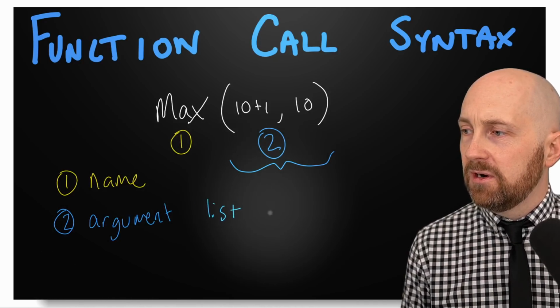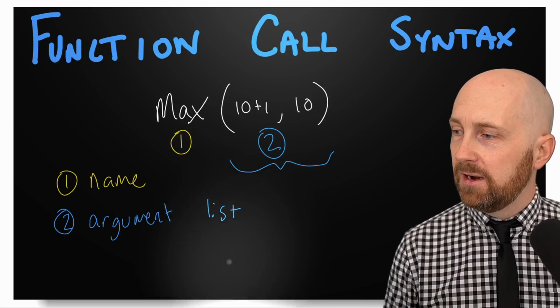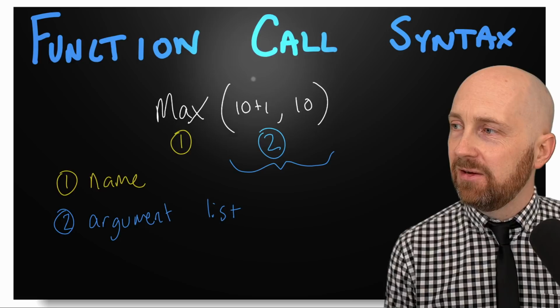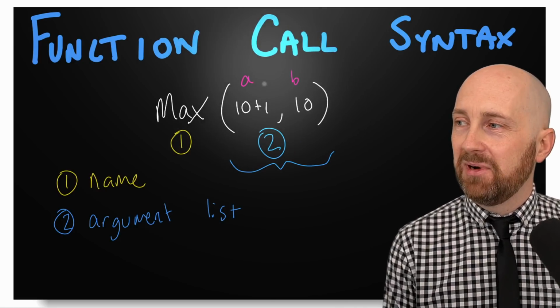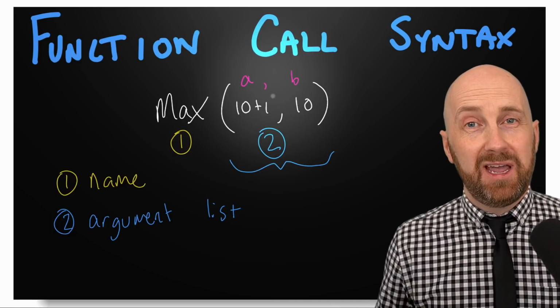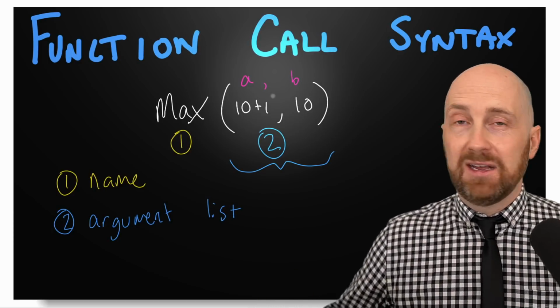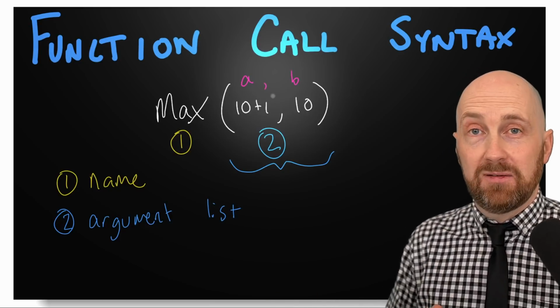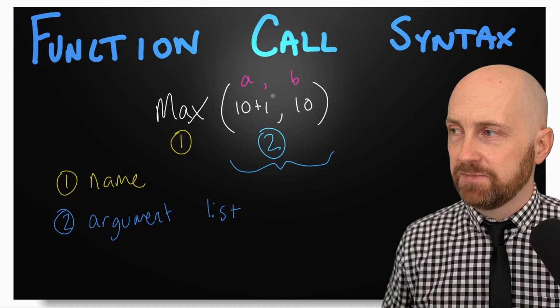And you'll notice I use the word list here because in this case, there are two arguments. So I'll use a different color, I'll call this argument A and argument B. And they're separated by that comma. So when you have a function that has multiple inputs that it expects, those inputs will be given by the function call and they'll be specified, separated by commas.